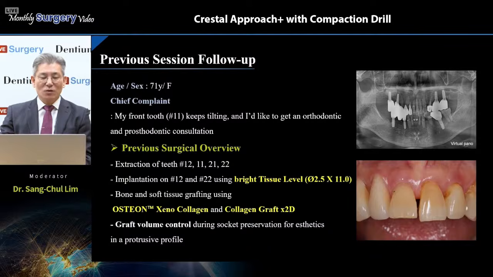We used osteogenocollagen and collagen graft 2D, and controlled the graft volume during socket preservation for aesthetics, for the protrusive profile of the patient. So the protrusive profile will be corrected by this kind of surgical procedure.